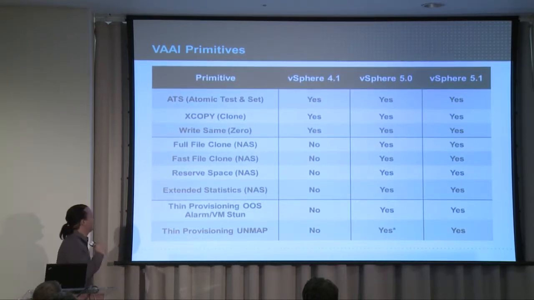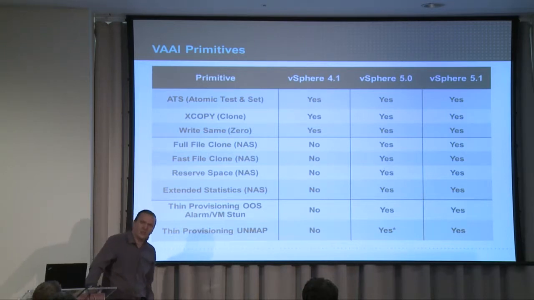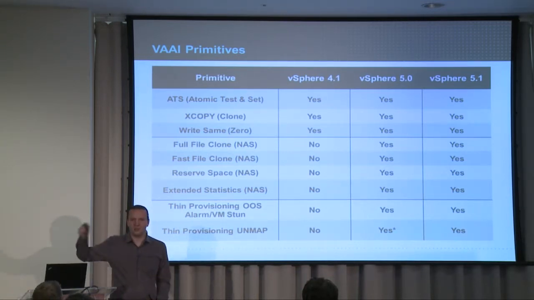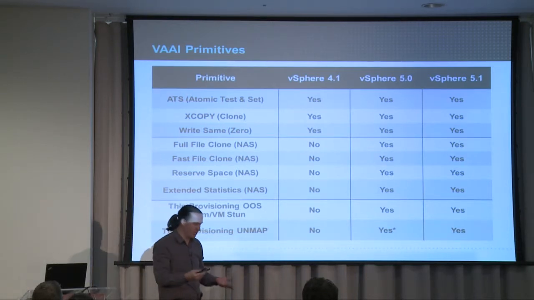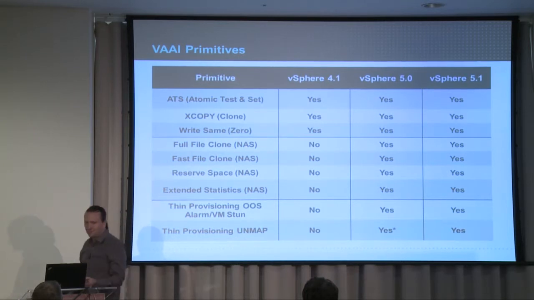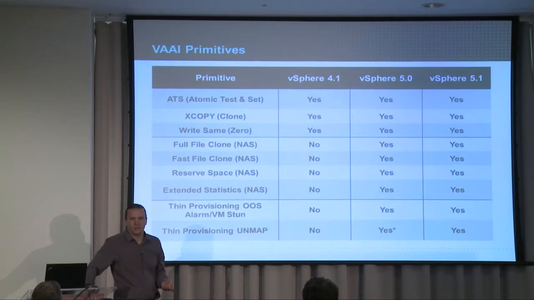VAAI. Now, you know what I said about storage features moving into the hypervisor and hypervisor features moving into the storage, and this kind of common ground between your storage vendors and your hypervisor vendors? So VAAI is a way to address that a little bit, to try and do a bit of cooperation between your vSphere and your SAN.